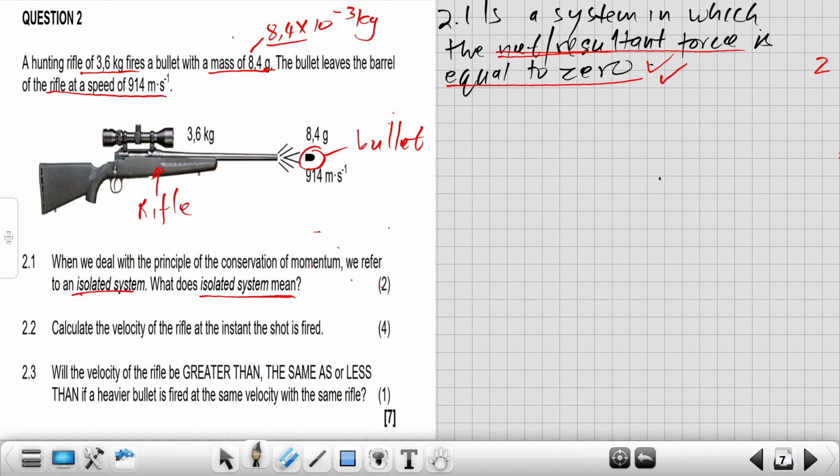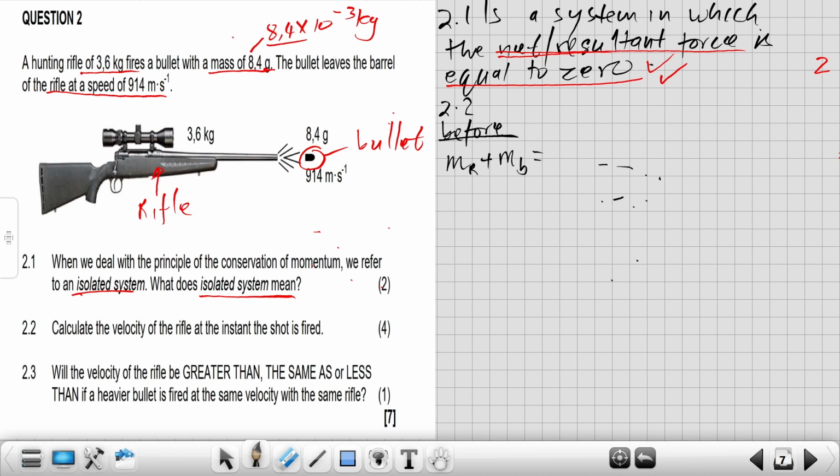What do I know before the shot has been fired? I know that before, I have the mass of the rifle together with the mass of the bullet. They are a unit because the bullet is inside the rifle.